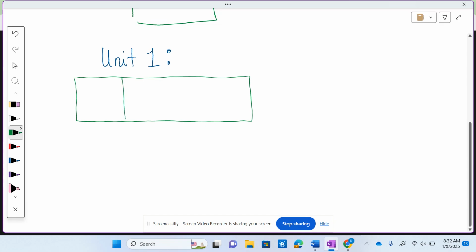This is how I would do my one pager. And I'm going to write down words that mean plus, words that mean minus, words that mean multiply, and words that mean divide. I'm also going to write down words that mean equal.